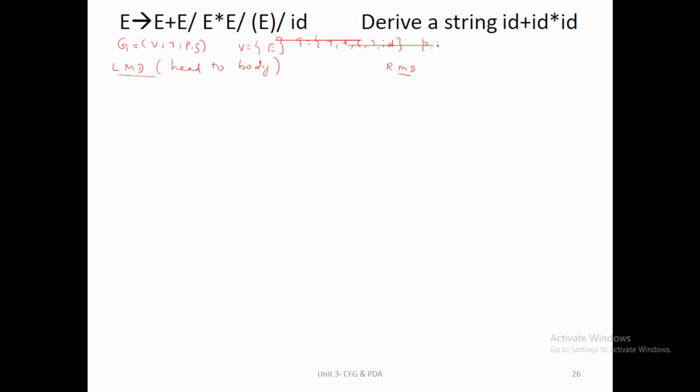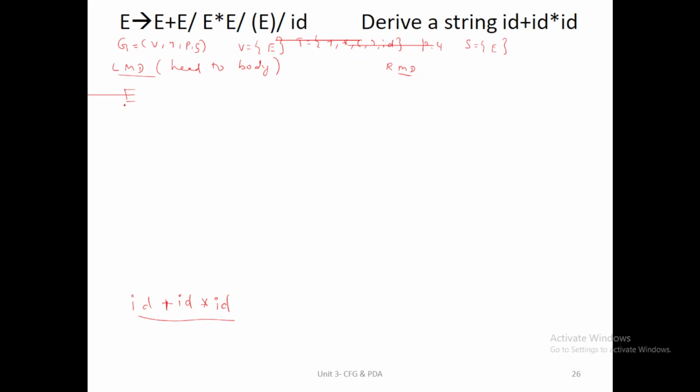The productions are four productions, and the starting symbol is E. I am taking the leftmost derivation, which means I should take the starting symbol of the grammar, that is E. Then I want to derive a string ID plus ID star ID, which contains only terminal symbols. These are the terminals: ID, plus, star. So from the starting symbol, I want to derive ID plus ID star ID.